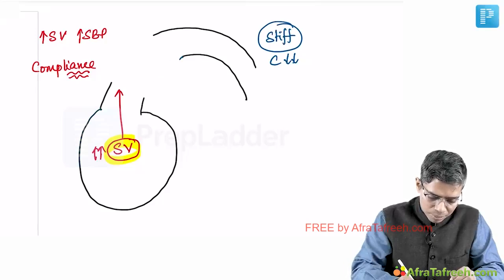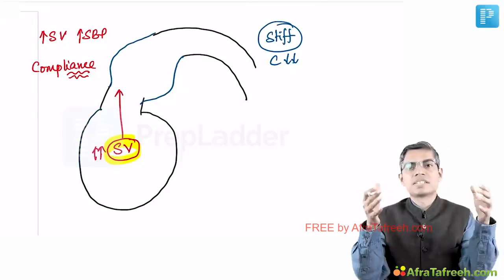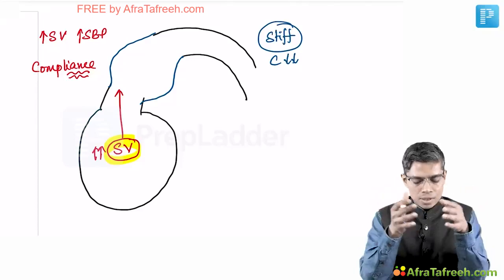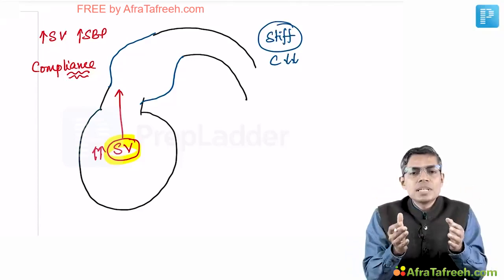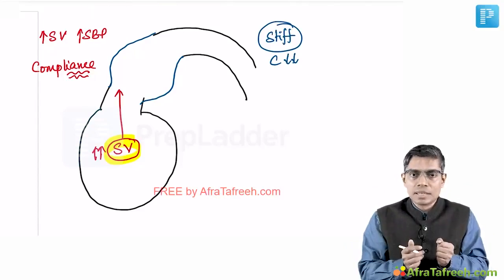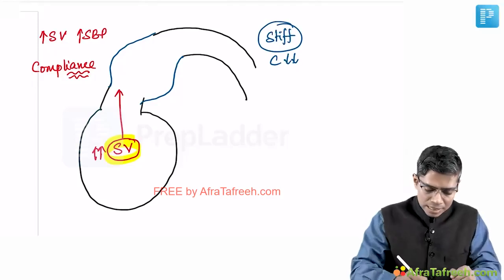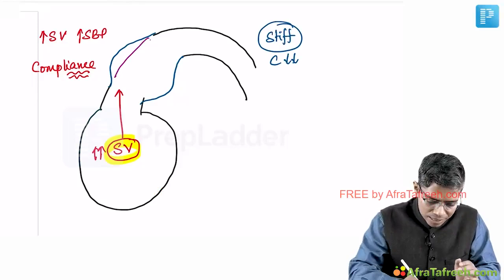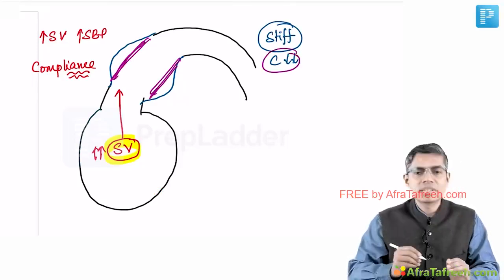Now remember, more the expansion, more is the compliance, more is the stretchability. So whenever a vessel is expanding, it is absorbing the pressure. Getting my point? So expansion means it is dampening the pressure. So if the vessel wall becomes stiffer, so it is not able to expand, it is becoming hard. That means the compliance of the vessel is low.